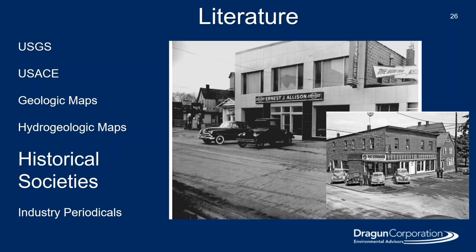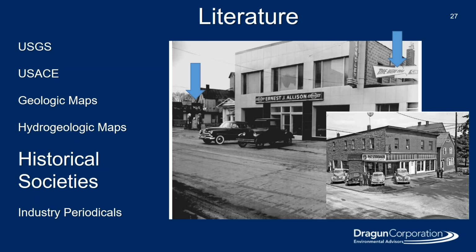As an example of how these can be helpful, these two photographs, the bigger one and the inset on the bottom right, show automotive dealerships. So if you see that was something on your site, did they do car repairs? Did they store fuel?